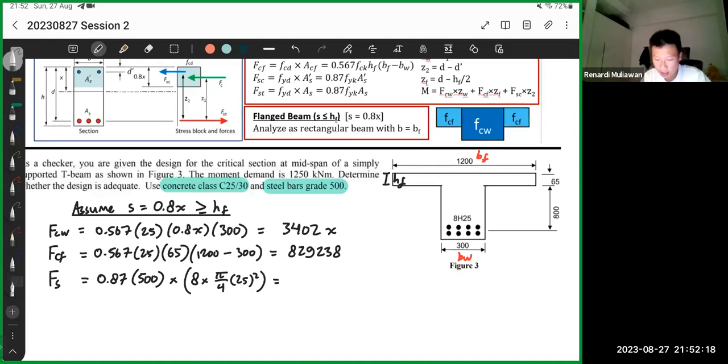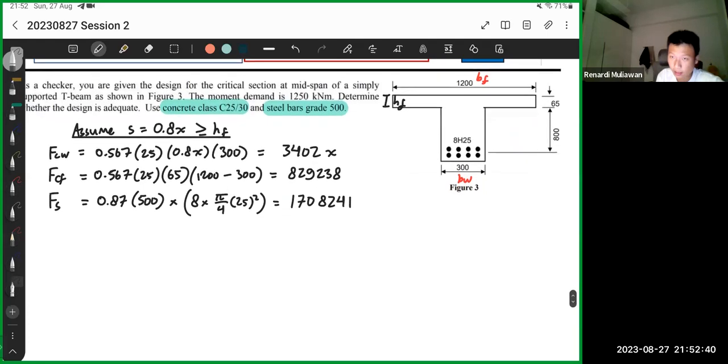So 0.87 times FYK 500 times 8 pi over 4 times 25 squared. You'll get 1,708,241. Yeah, it's a very big number.